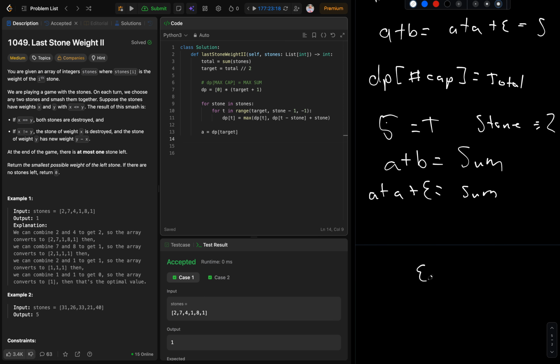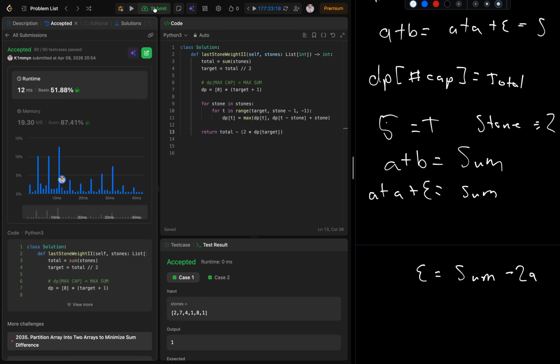To find this epsilon, it's just the sum minus 2A. And we know our A is the max sum, like the max amount of stones we can carry if we had a capacity of target. So we just have to return the total minus 2 times dp of target. That should be right, if I'm not mistaken.